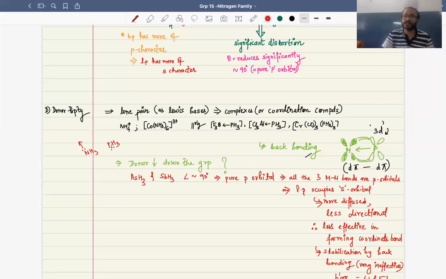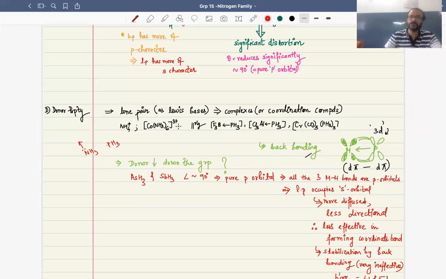They have a more spherical geometry, they lose their directional property and therefore they are more diffuse. As a result, what happens? The lone pair of electrons is now spread over the central atom, that is phosphorus, and is not so much available for donation, and therefore this considerably reduces the donor property of phosphorus in comparison to ammonia.